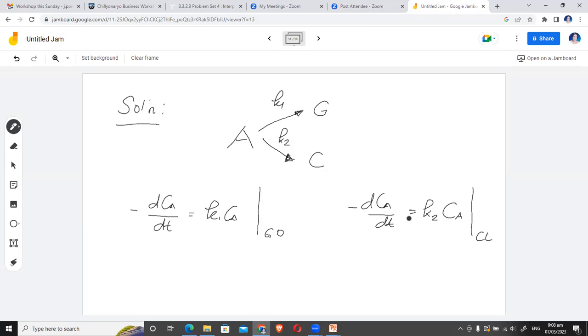Do you all agree that the given half-lives will be used to get the two rate constants?